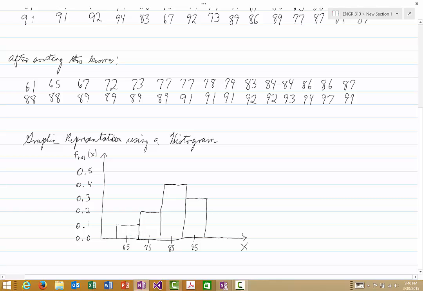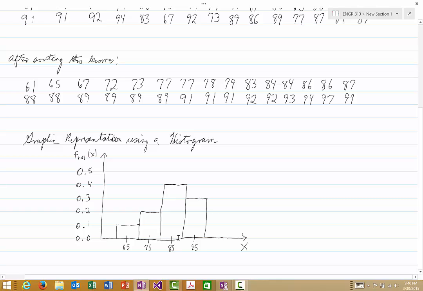For values between 70 and 80, the relative frequency we see here is 0.2, and that's because 6 values fall in that range. Here's 72, 73, 77, 77, 78, and 79. So 6 values fall between 70 and 80, and that's why we have 20% or 0.2 as the relative frequency for that range. And then this goes on as I think you would expect.